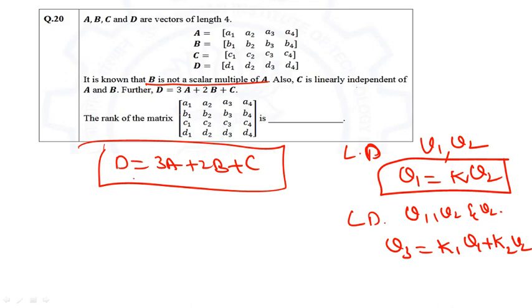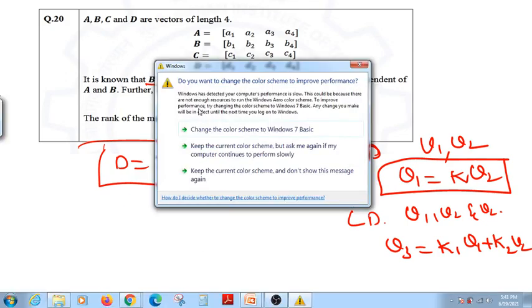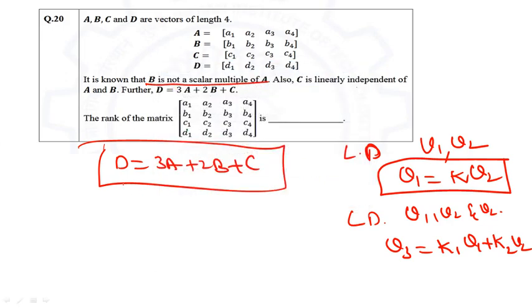So when we do row operations, whenever rows are dependent, a row will definitely become 0. When they are independent, it cannot be 0.